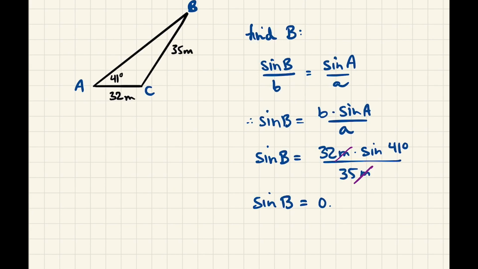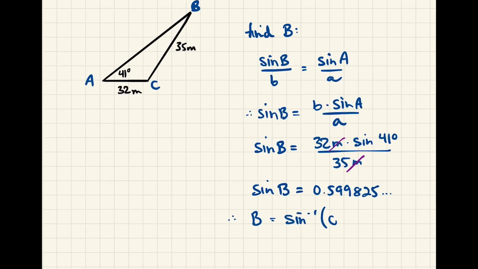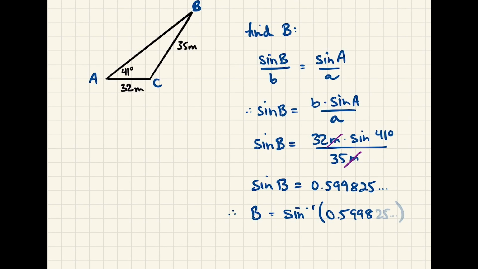So I get this ratio as 0.599825. And so therefore, B is the inverse sine of that ratio. So make sure that you're in degree mode for this, and I get capital B is equal to 36.8574. Okay, so very good. We know what capital B is.